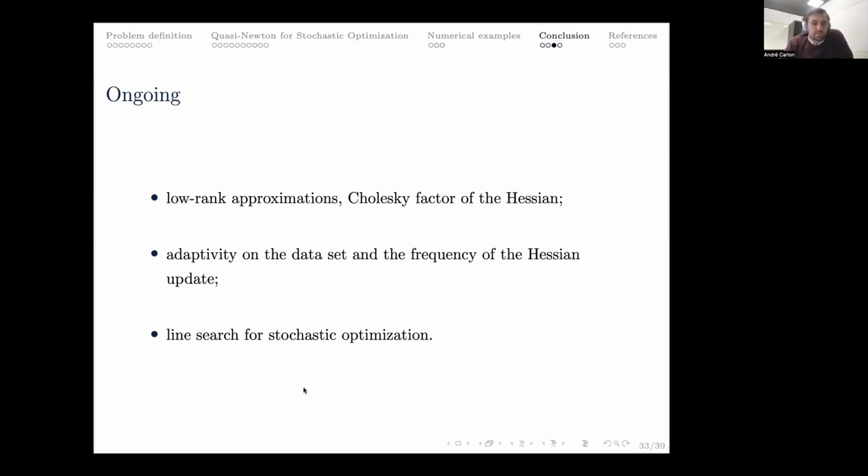And last but not least, we also have been working on line search for stochastic optimization, which would be huge in this case, especially from the perspective of stability, because we have to be quite conservative with our Hessian approximation.